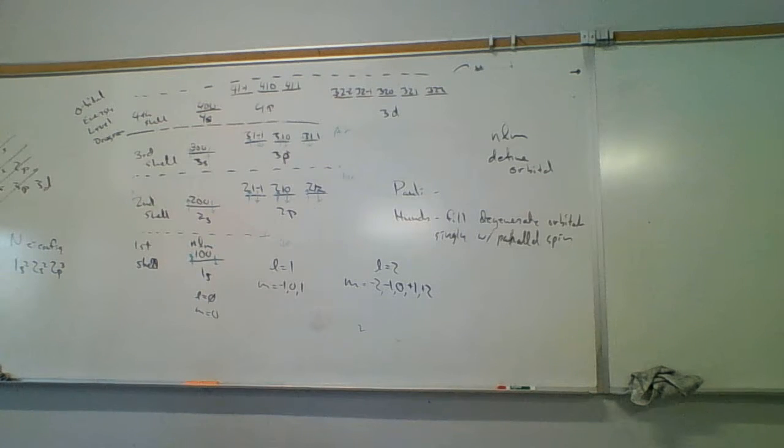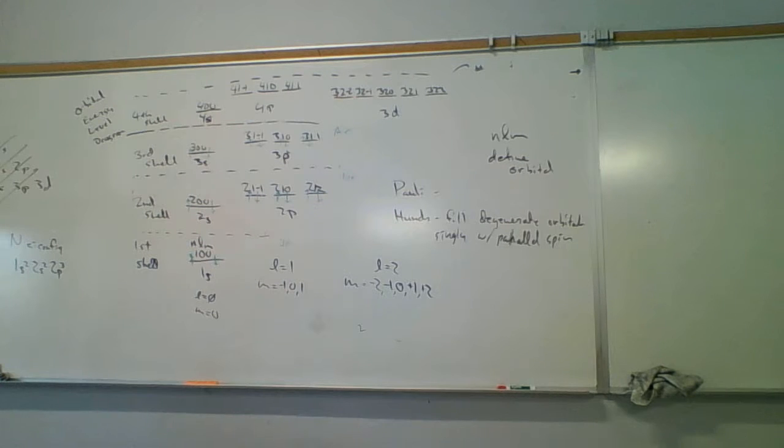The 2p holds 6 electrons: 2p1, 2p2, 2p3, 2p4, 2p5, 2p6. Once I fill that whole subshell, I will be at neon. The third shell will be the third period. Start off with sodium, end up at argon.